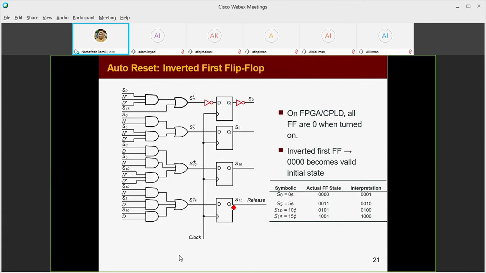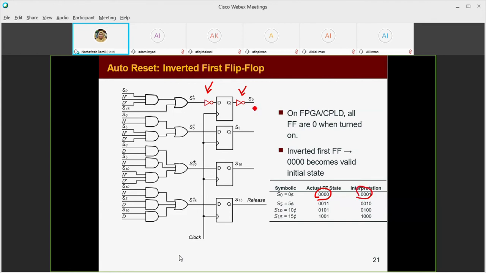Alternatively, you can add this inverter, which is like cheating a bit. If you use quarters, initially it will start from 0, 0, 0, 0. This is the default of the simulation, and normally the circuit also starts from all zeros. However, if you remember one hot, you don't have the all zero state, so you want to start with 0, 0, 1.